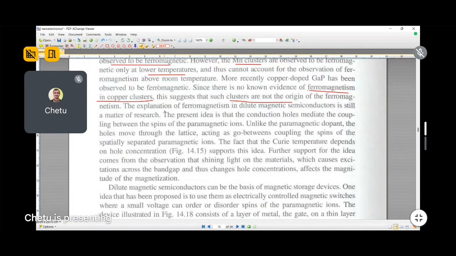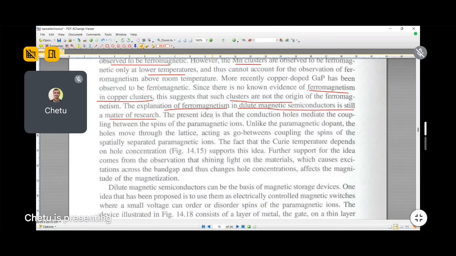This is how it is posing the problem of how this dilute magnetic semiconductor shows ferromagnetism, though the constituents are not magnetic in nature. They are not paramagnetic or ferromagnetic. They are diamagnetic in nature, but when the nanoparticles are doped in this material, the material-material interactions are changing the magnetic property.